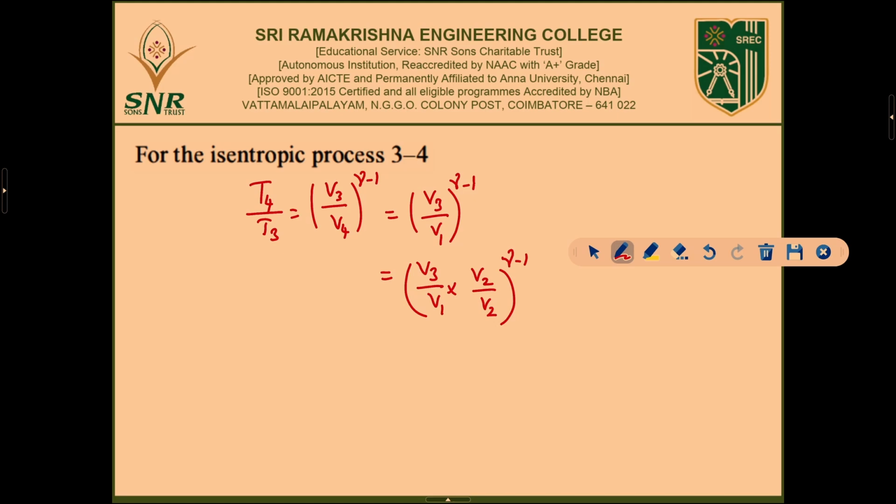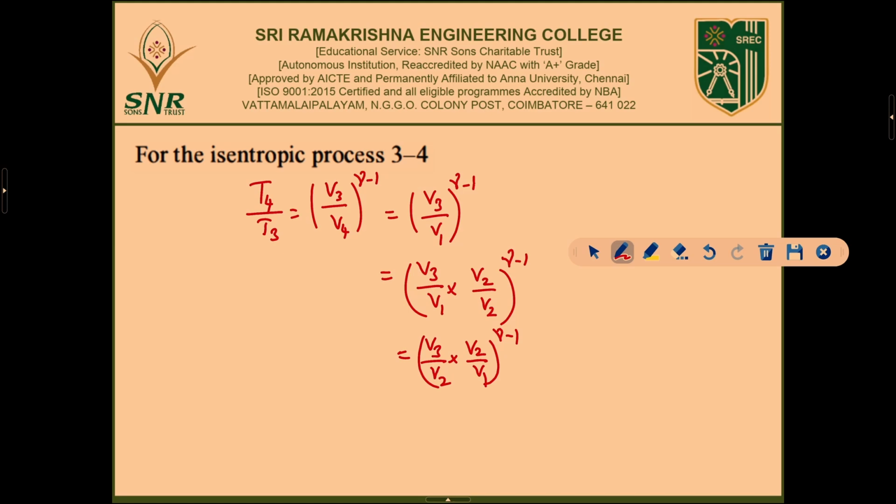It will not change any value in this ratio, as on numerator and denominator both you can multiply with V2. I rewrite this as V3 by V2 into V2 by V1 whole to the power of gamma minus 1.